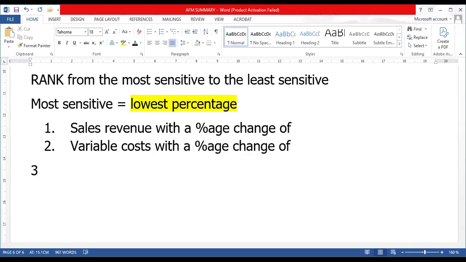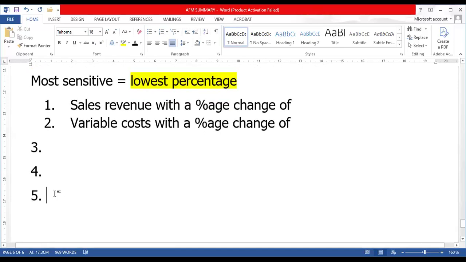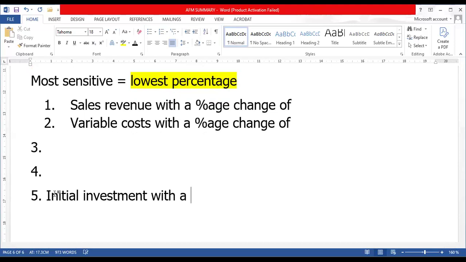You put the fifth one, which will be the one we had calculated at the end, the initial investment, because it has the highest percentage. The initial investment with the percentage change of, so put it like that.